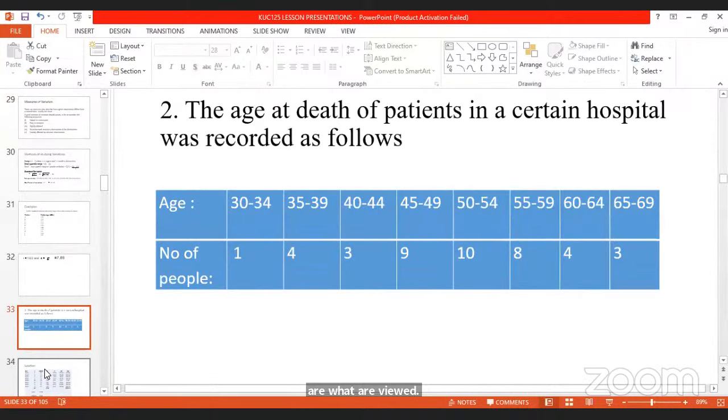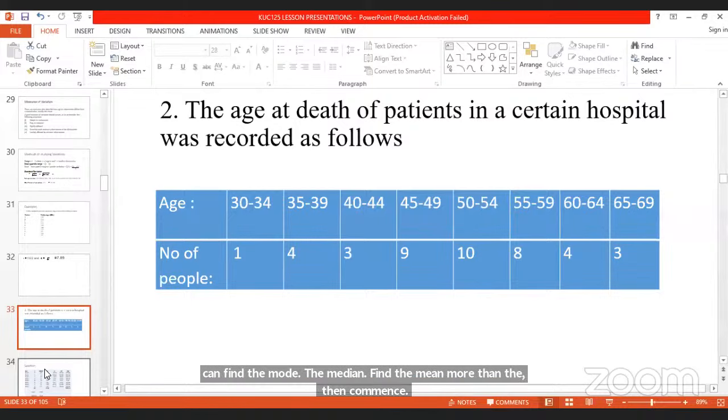Let us find the mean. We can find the mode and the median. Find the mean, mode, and median, then comment. Then proceed to find the standard deviation.